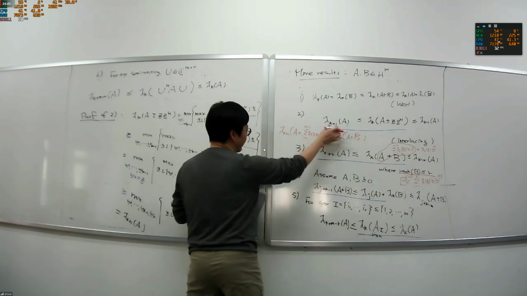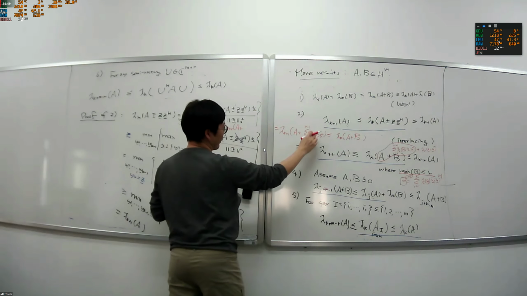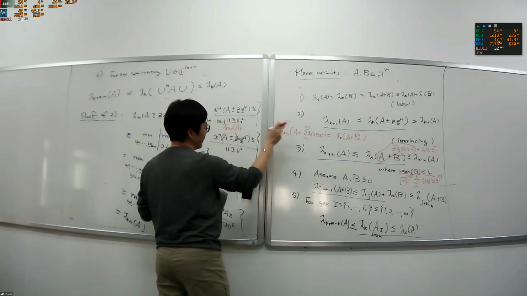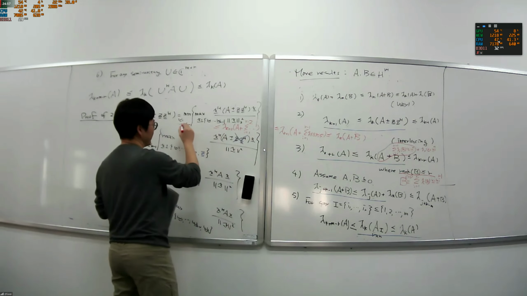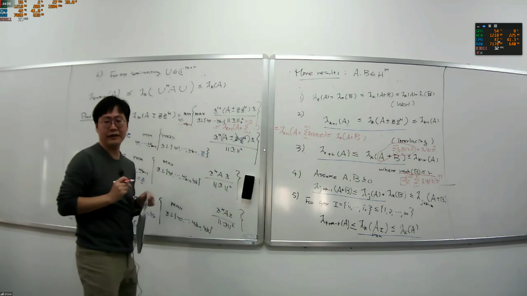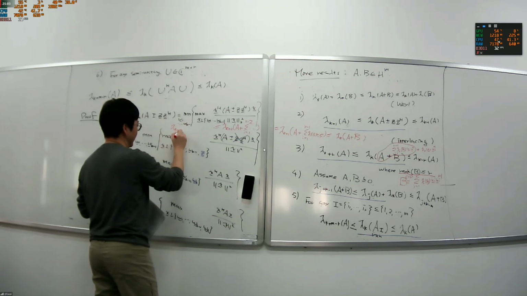Then apply this again: lambda K plus 2 of A plus, taking one rank 1 component outside again, becomes R minus 2, and so on. You apply this R times, so eventually you get lambda K plus R of A.